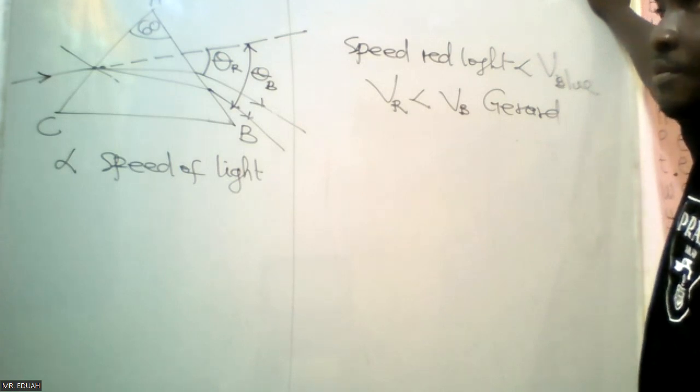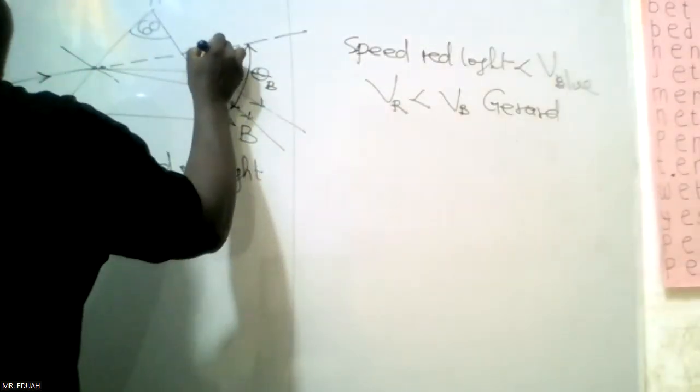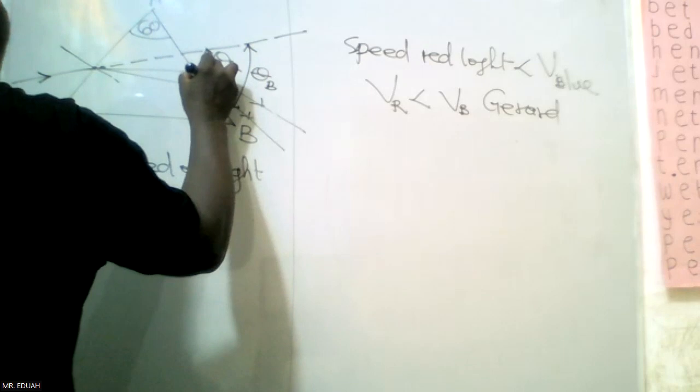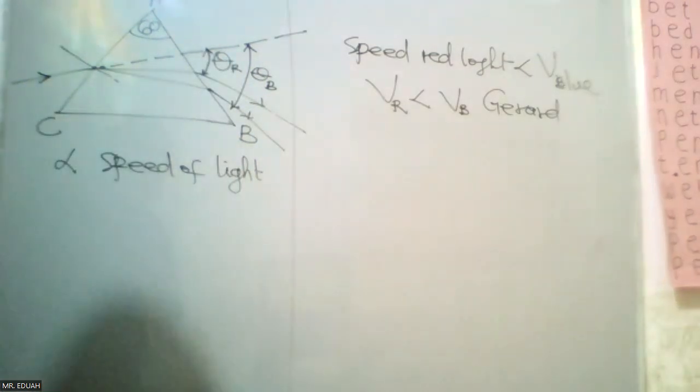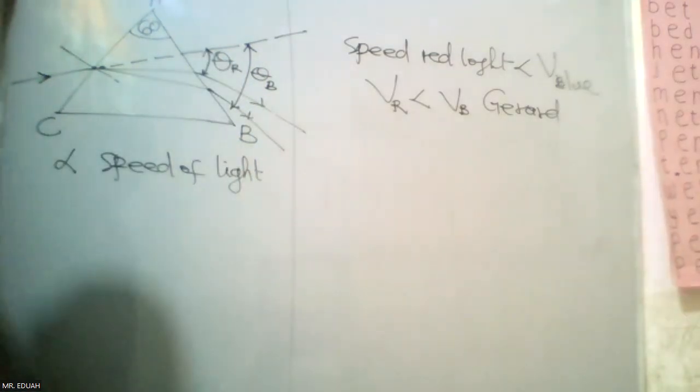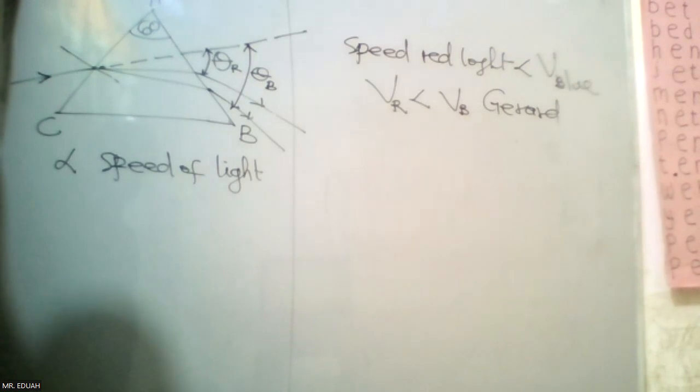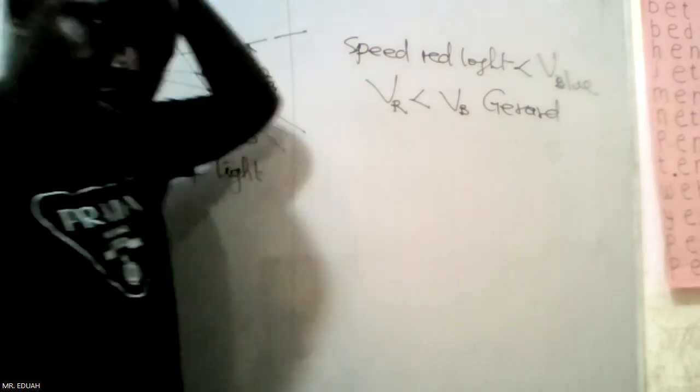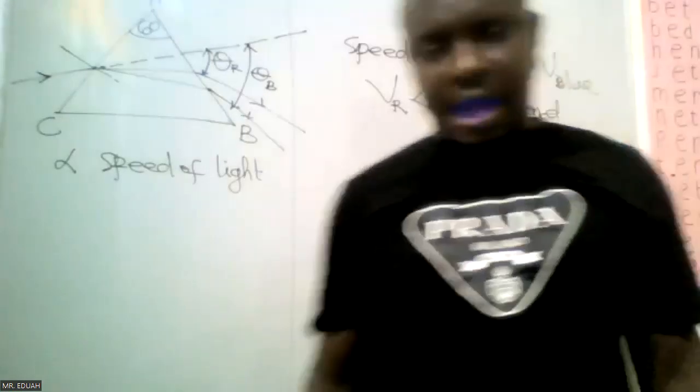For this one, the speed of light in air is constant. But when you come here, the speed of light varies. Therefore, you can see that the speed of the red light is much slower than that of the blue light. Okay, that is Gerard's opinion.